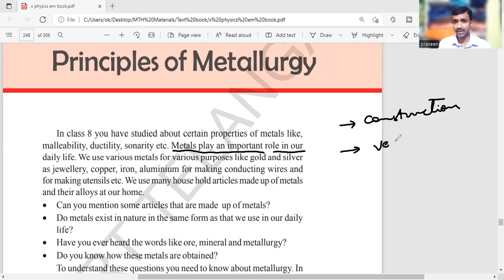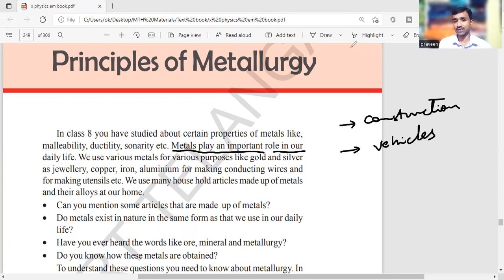In vehicles, can you imagine a vehicle without metals? No, it would not be strong. You can make it, but its strength is very weak. It cannot pull heavy loads or be used as a carrier.